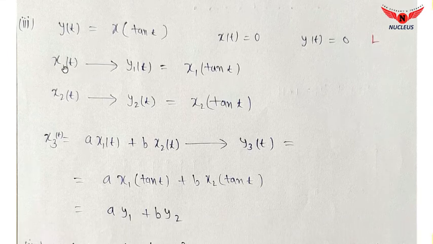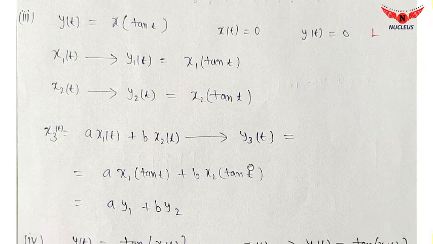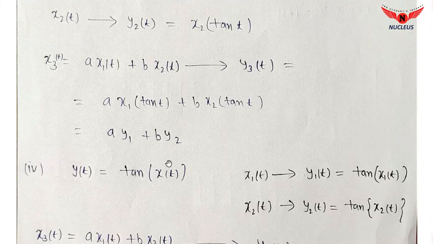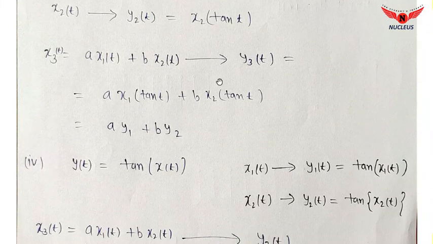Let's take x1 as our first input, and the corresponding output is y1 equal to x1 of 10t, and similarly y2 equal to x2 of 10t. Now x3 is the linear combination a x1 plus b x2 and the output is y3. So y3 is a x1 of 10t plus b x2 of 10t. You can write this equation in terms of a y1 plus b y2. So this is an example of a linear system.